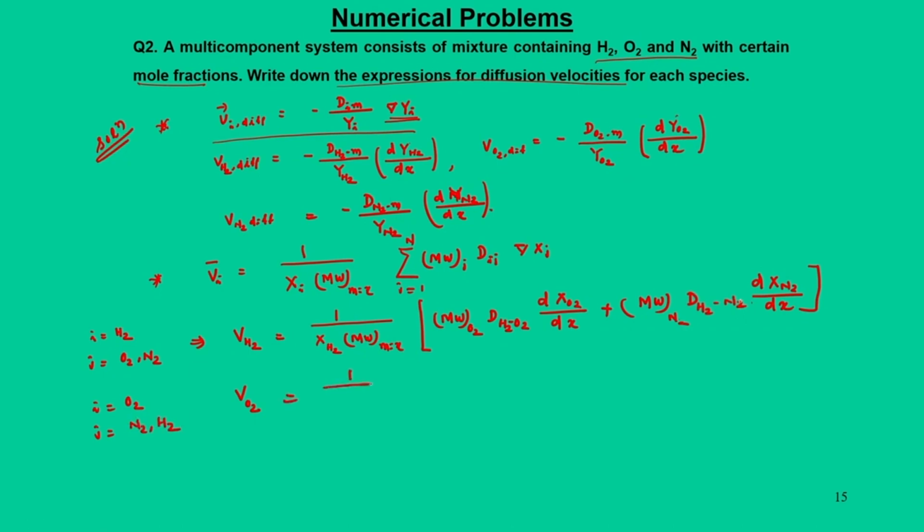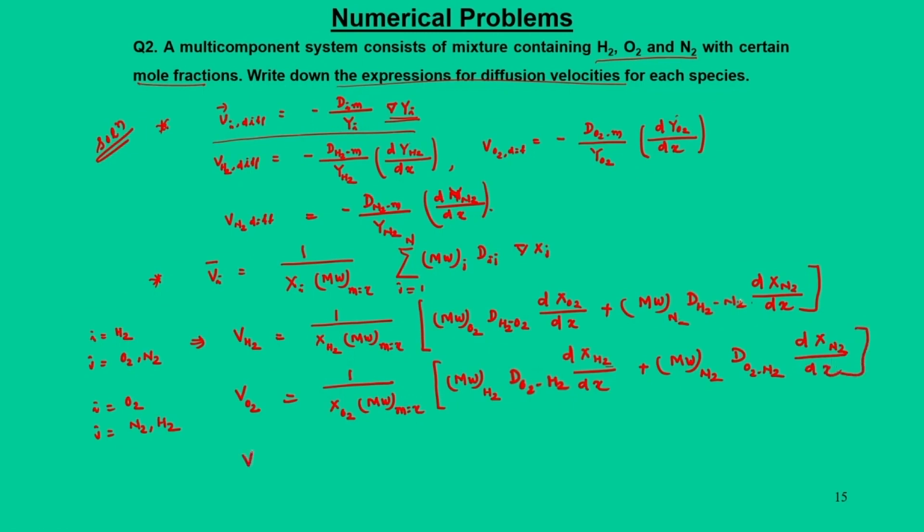We write 1 by X_O2 times the molecular weight of the mixture, then we say molecular weight of H2 times d O2 H2 dx of H2 divided by dx, plus molecular weight of N2 times d O2 N2 d of x N2 divided by dx.